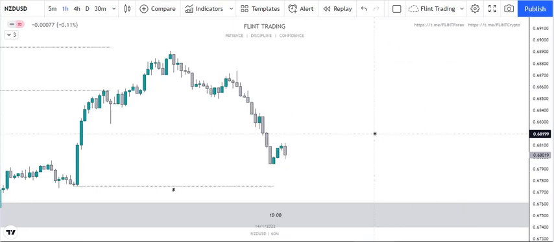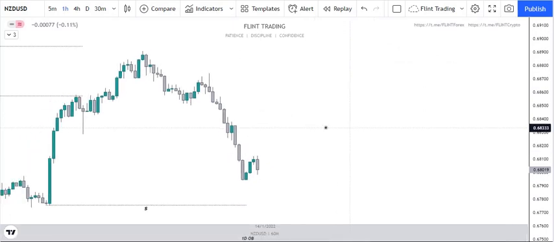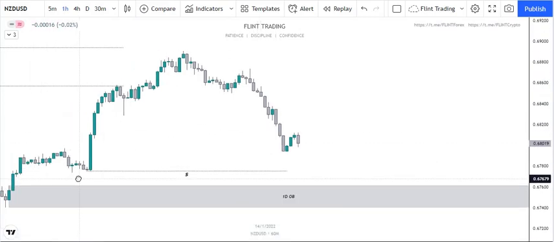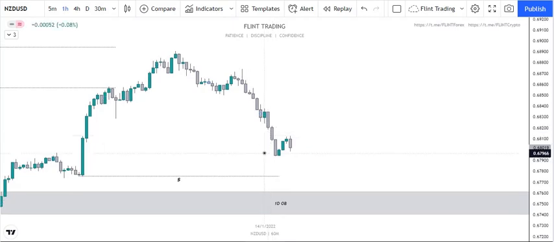Last thing, about momentum: as you can see, the price was coming down very momentously, and I anticipate that this is not a level from where price has to go up, even though this is more like a mitigation block. In my analysis I wanted price to go up from here, but seeing the momentum and the delivery of price, it's really not ideal to go long from here.